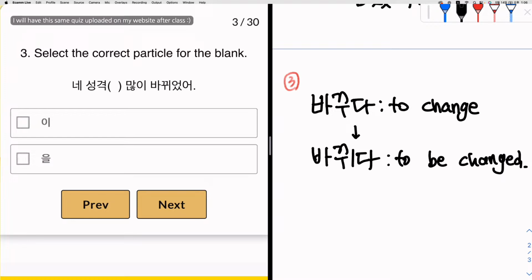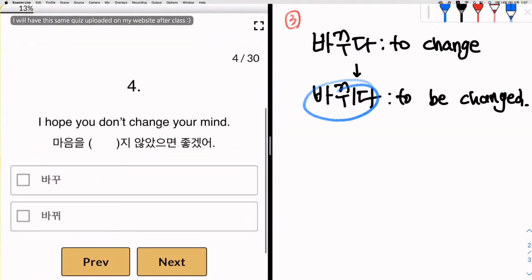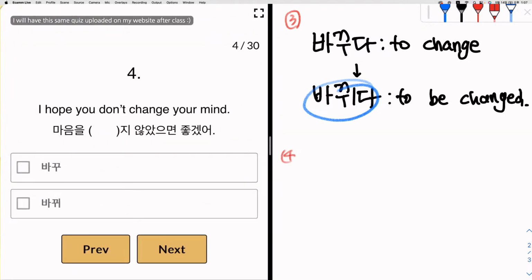And in this sentence, this person is trying to say your personality is the subject that changed, right? That is changed. So you can say 네 성격 becomes the subject of the verb 바뀌다. So 네 성격이 많이 바뀌었어. Your personality is changed a lot. 많이 바뀌었어. 좋아요.